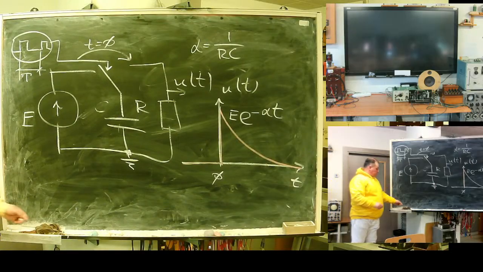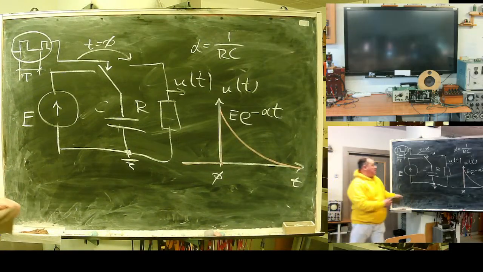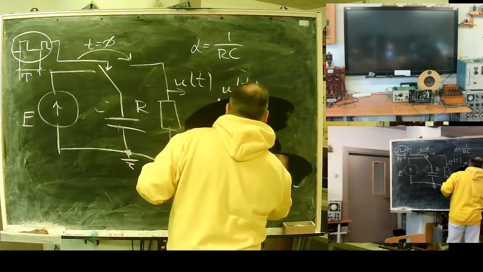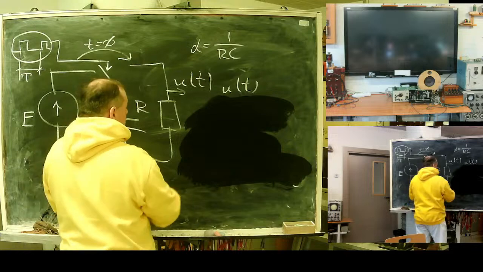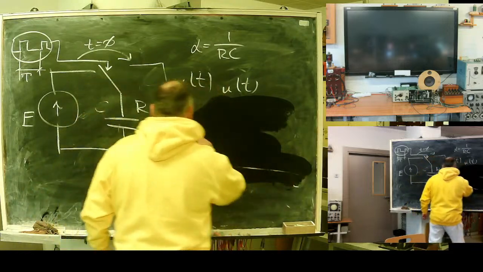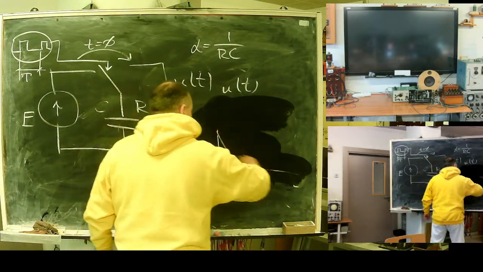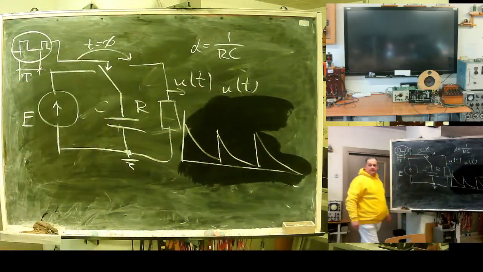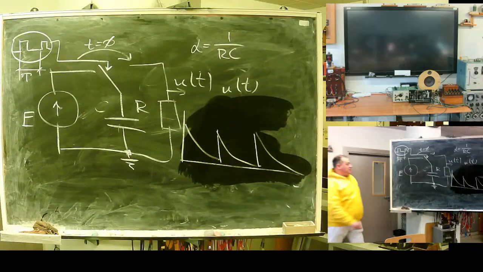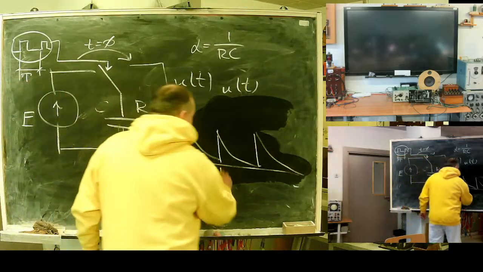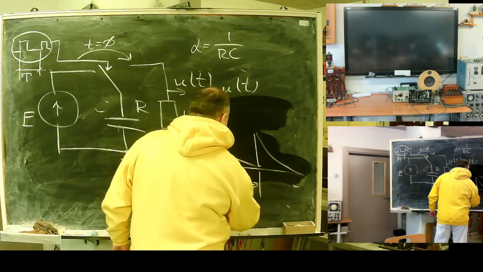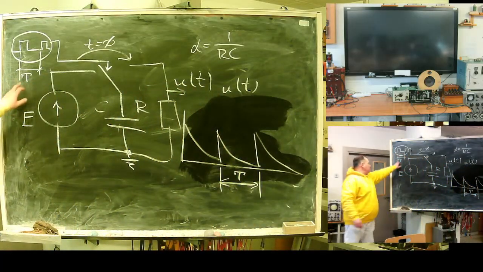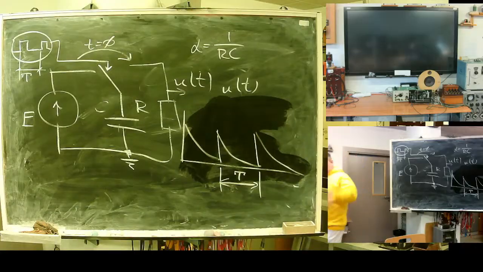It will be periodic. I will see discharge, charge, discharge, charge, something like this. Pulse sequence. It will be a sequence of pulses with period T capital set by my driver.